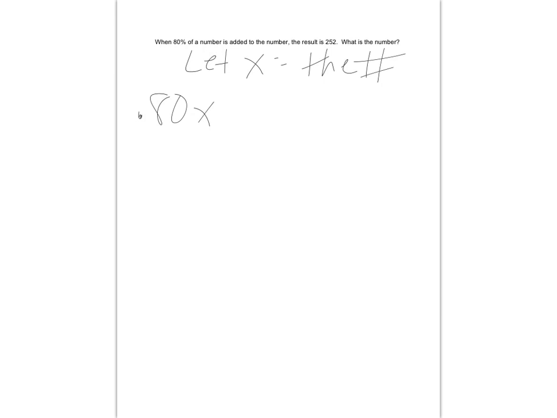Then is added to, so plus the number, x, and the result is 252, equals 252. So 80% of the number is 0.80x, added to the number, plus x, result is 252.